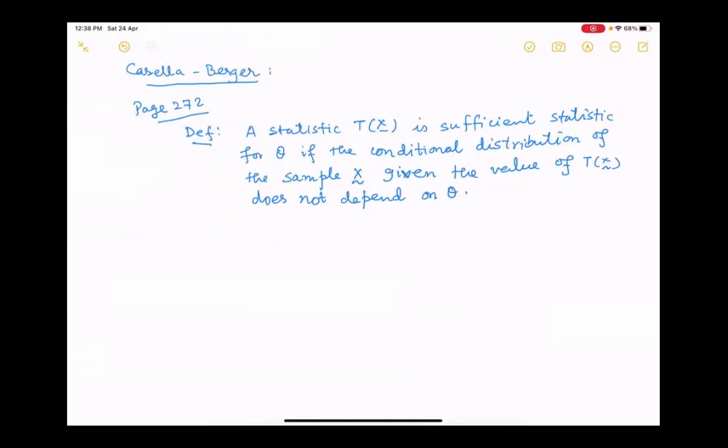What it is saying is that you have X1 to Xn, this is my X tilde, from f theta of x, IID, and you have a statistic T of X tilde, some statistic.